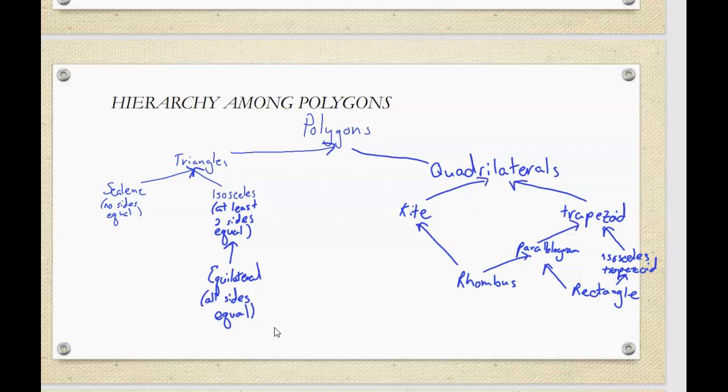And then things that have equal sides and all right angles is going to be a square. So a square is a rectangle, but it's also a rhombus.